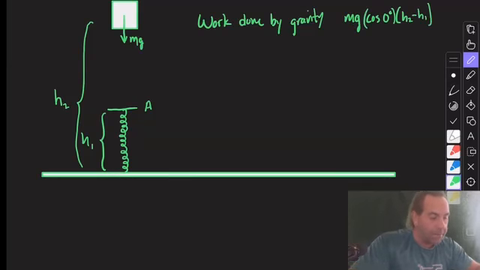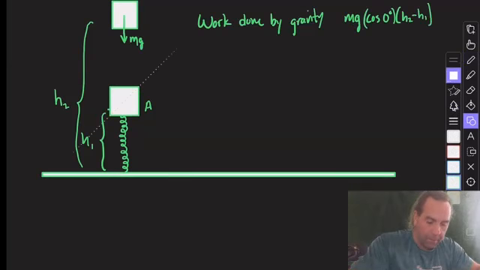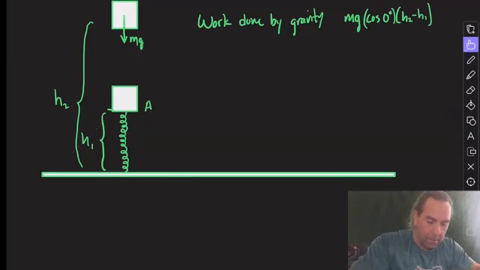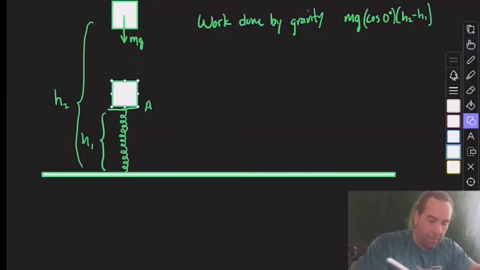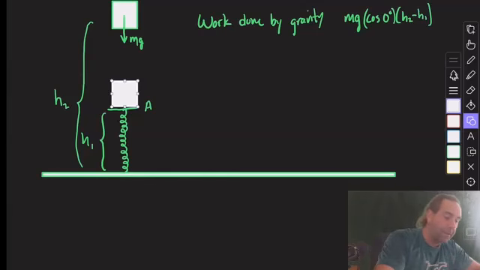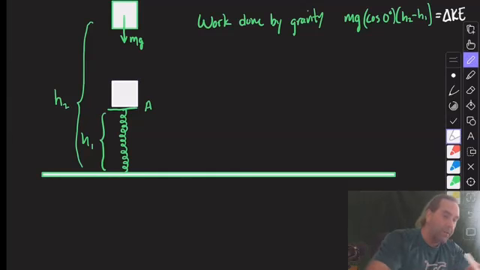That gets the box right to here. But this is a positive amount of work. So the net work being non-zero means that this is going to equal the change in kinetic energy, which is how we would figure out how fast the box is moving.